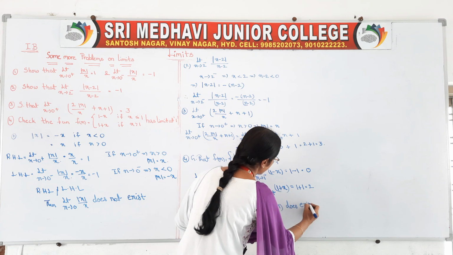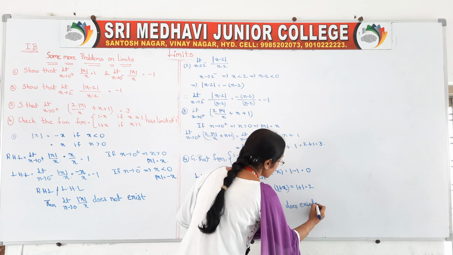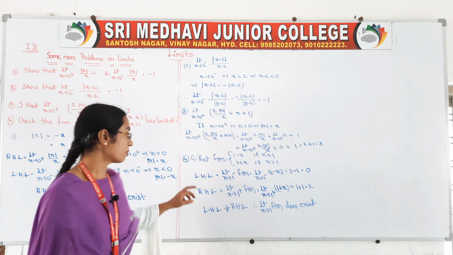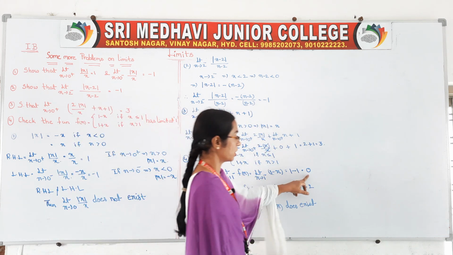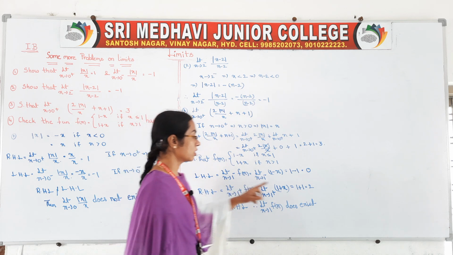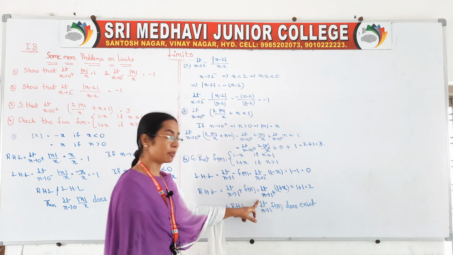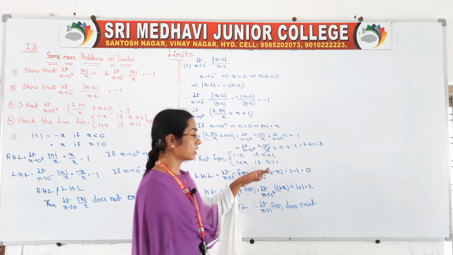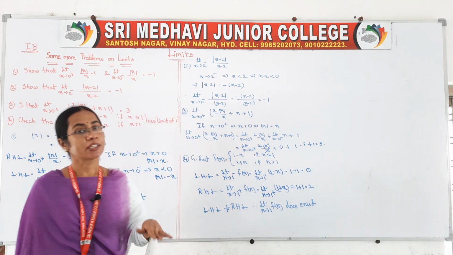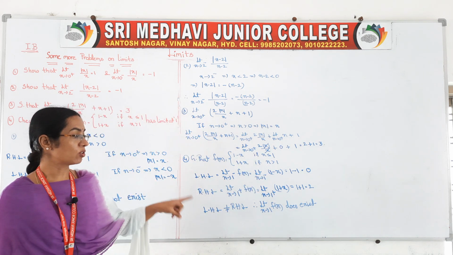Suppose we get both values equal, suppose left hand limit is equal to 0 and right hand limit is equal to 0, then I will write limit x tends to 1, f of x is equal to 0. That limit exists at x is equal to 1.